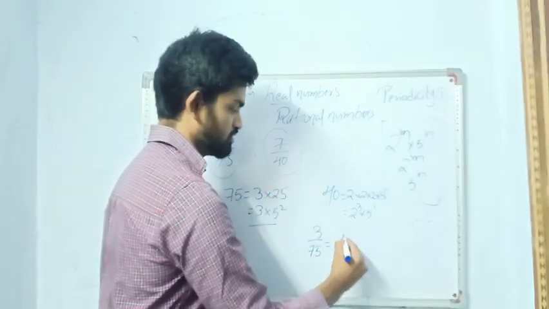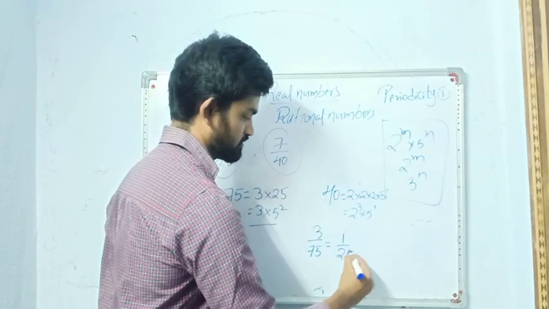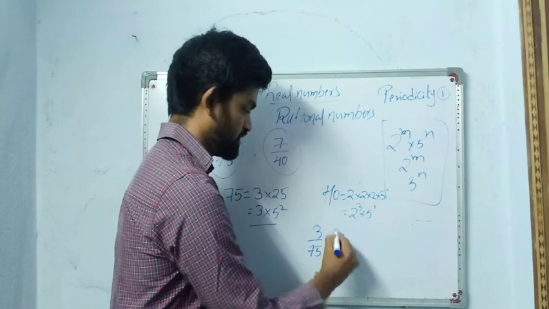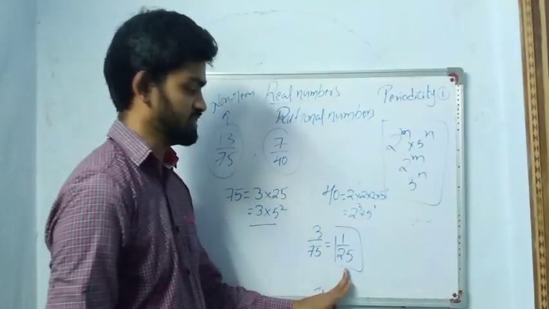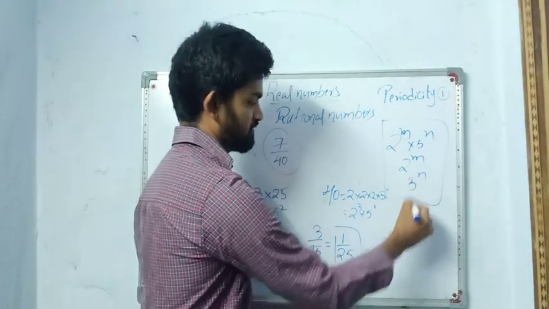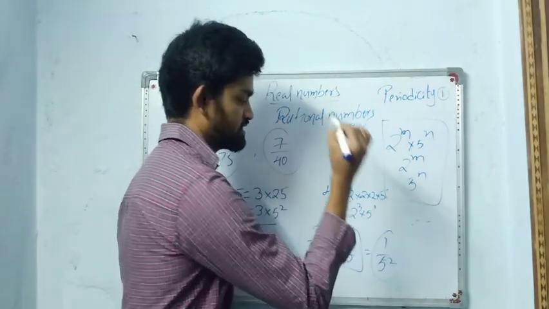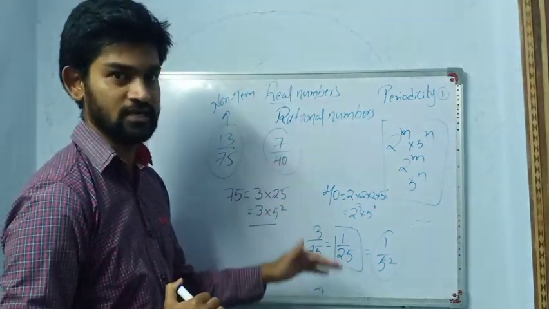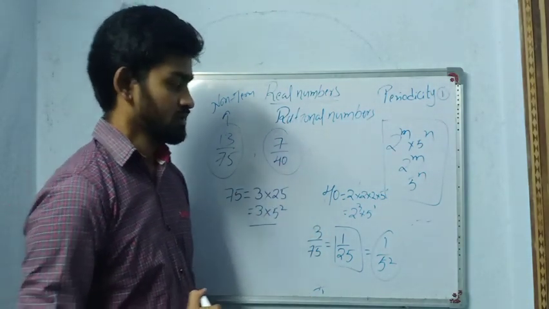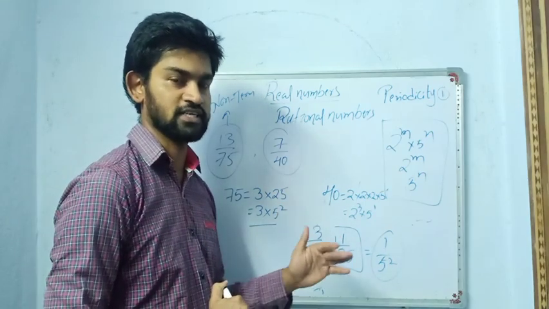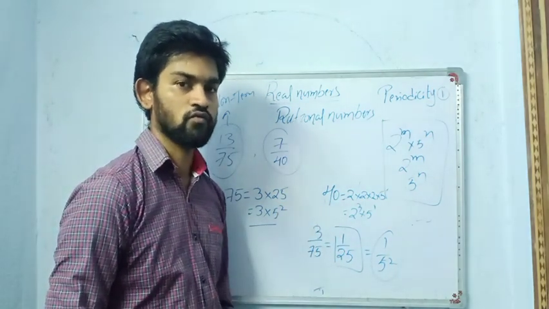You have to first simplify it. 3 ones are 3, 3 twenty-fives are 75. Now what I got is 1 by 25. 1 by 25 is 1 by 5 square. One of the cases exists, so this is a terminating decimal. You have to check this also. Next, we'll see how to convert a non-terminating rational number into P by Q form.